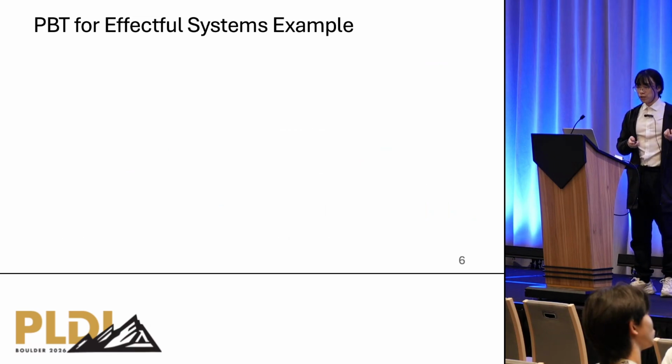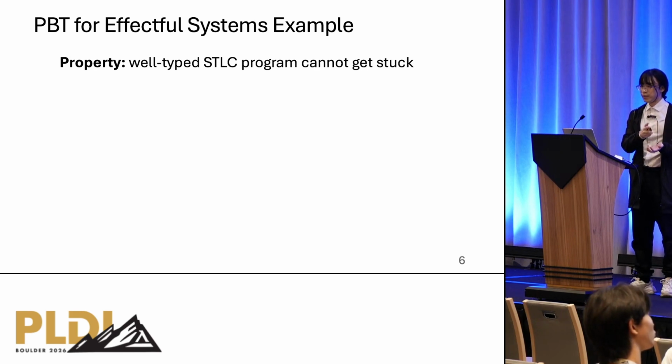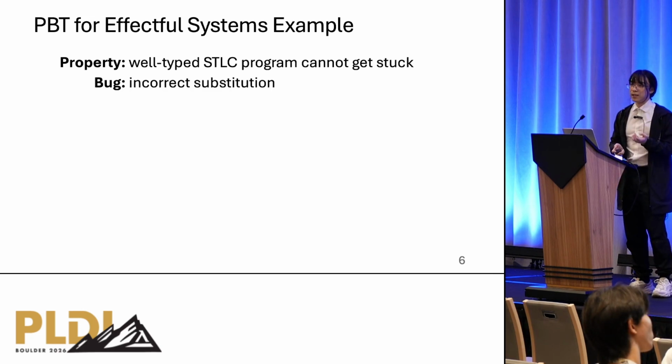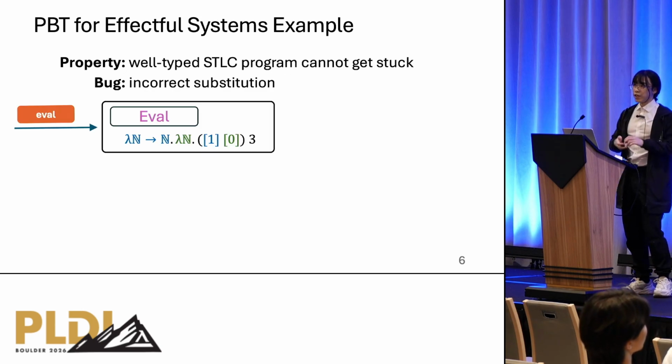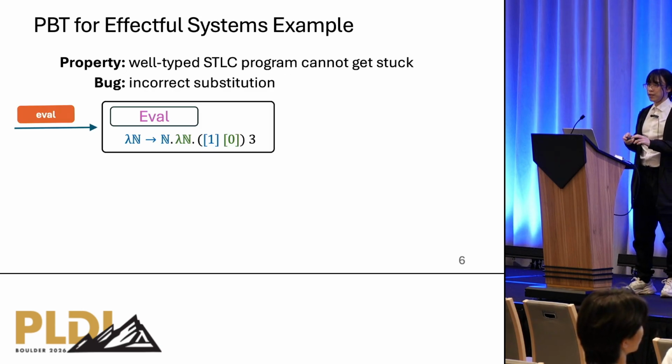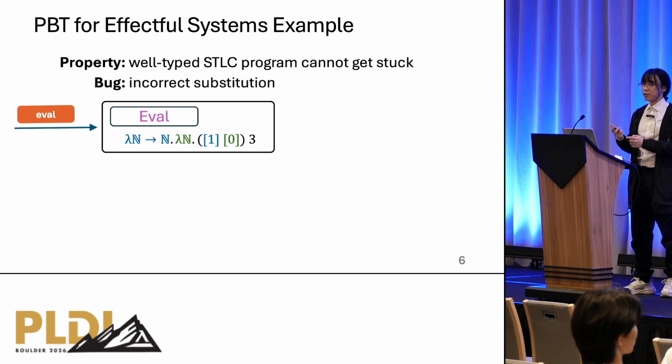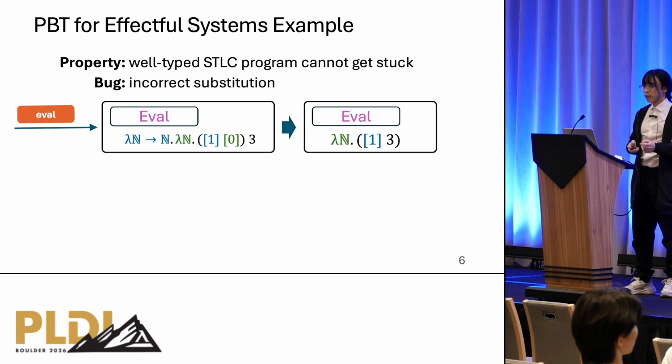Concretely, we want to test the interpreter API in the system, and the property is that a well-typed STLC term cannot get stuck. So the potential bug is that the interpreter probably uses an incorrect substitution. Here's an STLC term, and you can imagine the test generator sends the input event, say eval, and the evaluation gets stuck.